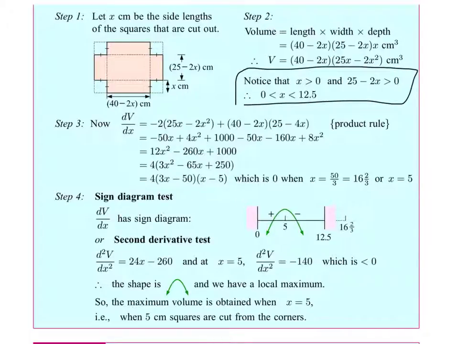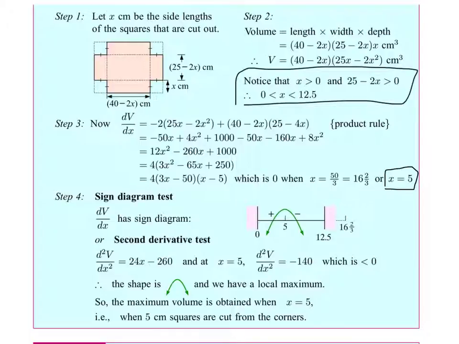Okay, now I go to step 3, which is to find the first derivative of my equation. Here's all the work, and when I set that equal to 0, x equals 5. I know that when I set my first derivative equal to 0, that shows either a maximum, a minimum, or a point of inflection.